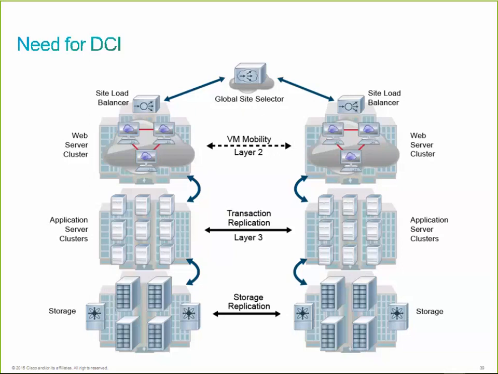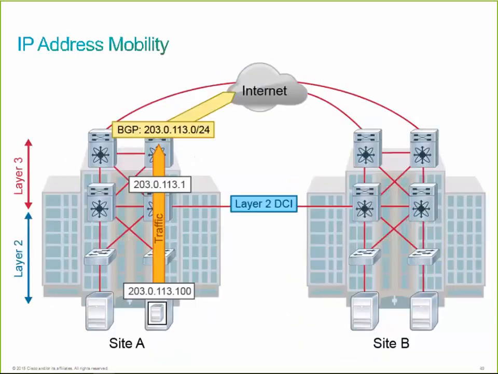It's probably going to need some sort of layer 2 DCI. iSCSI is going to need some sort of layer 3 DCI, and so on. So we have different requirements that drive these different needs for these data center interconnects, and the DCI design or the DCI methodology that you use will depend on what those driving requirements are, right?